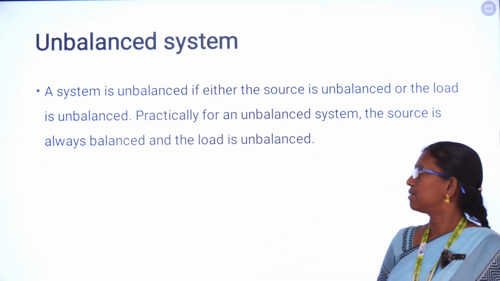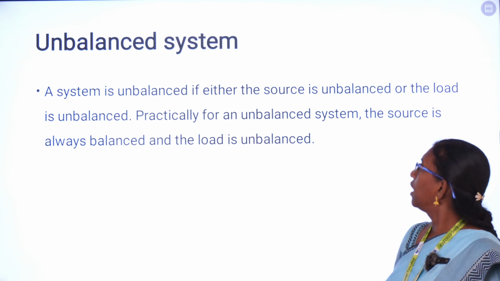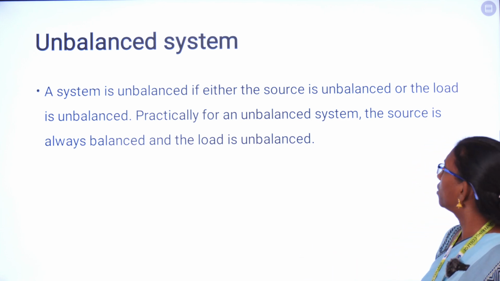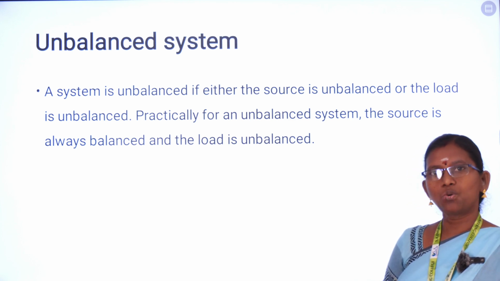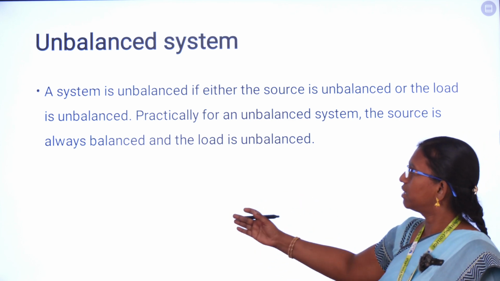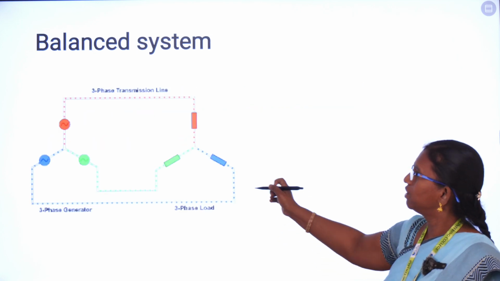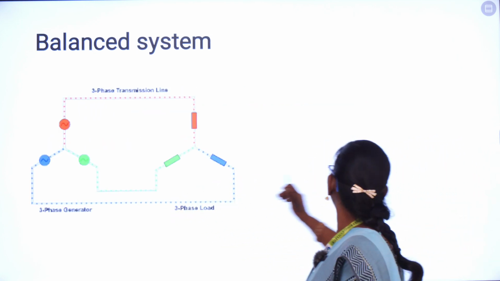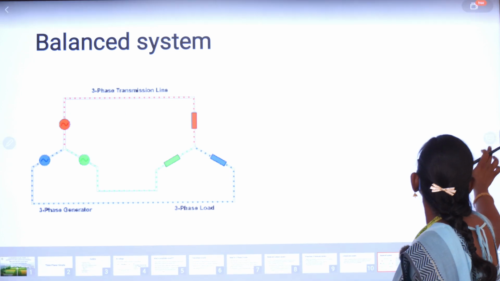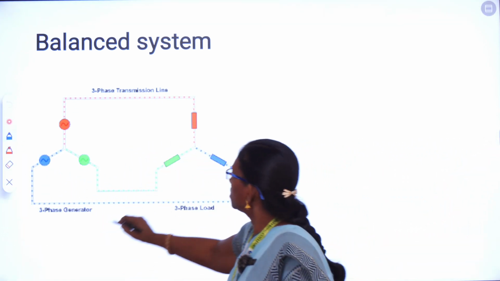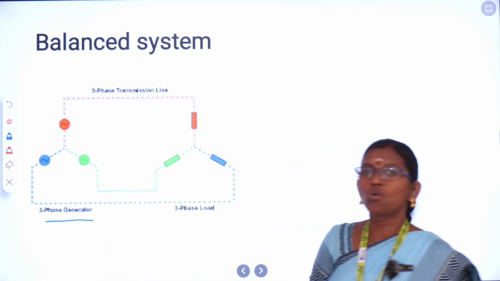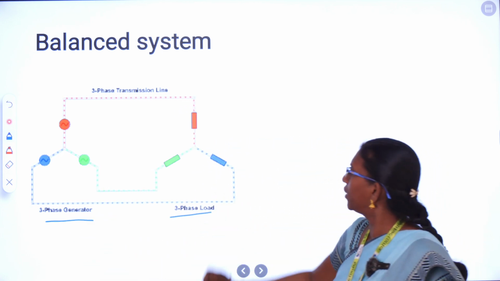Then the unbalanced system. A system is unbalanced if either the source is unbalanced or the load is unbalanced. Say we have the source and load. So this side is the source end and this is the load end.